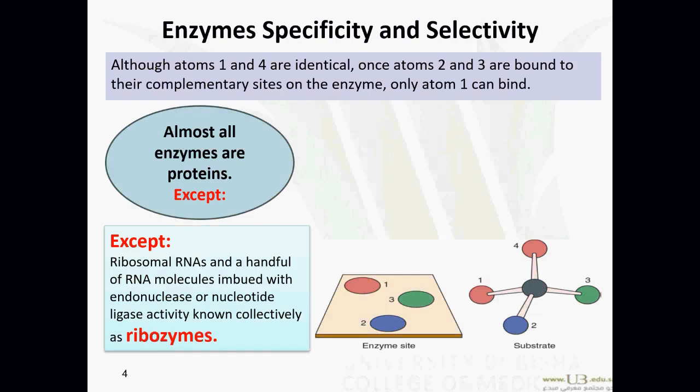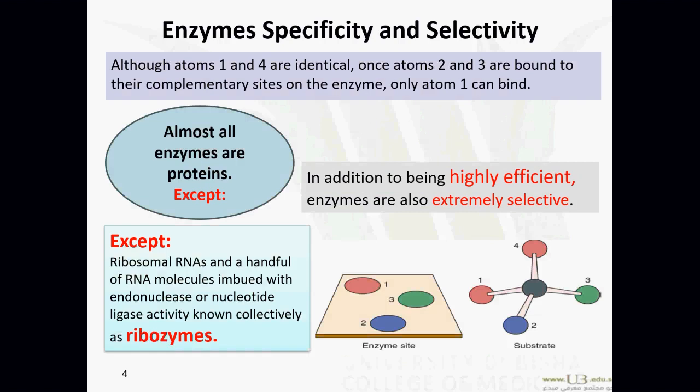So the ribozymes, although they are not protein in their nature, are polynucleotide chains. They are the only exception among the enzymes that can be of non-protein nature. So almost all enzymes are proteins, or they might be some type of polynucleotide chains, the ribozymes, which have a specific role in RNA genetic code transcription and translation.